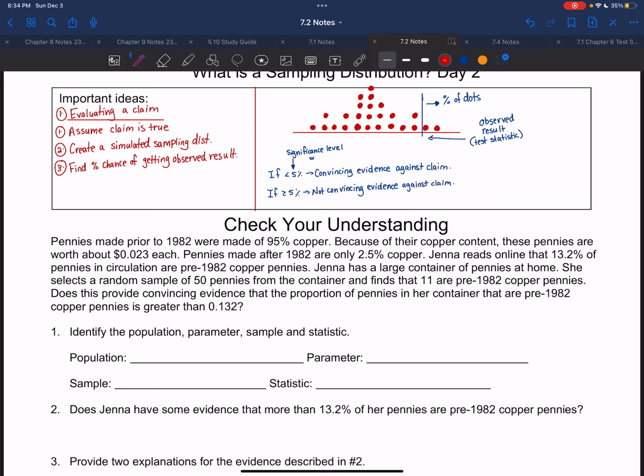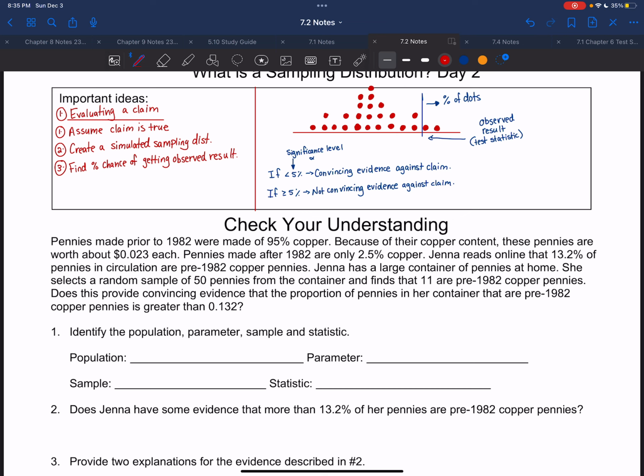It says pennies made prior to 1982 were made of 95% copper. Because of their copper content, these pennies are worth about 2.3 cents each. Pennies made after 1982 are only 2.5% copper. Jenna reads online that 13.2% of pennies in circulation are pre-1982 copper pennies.